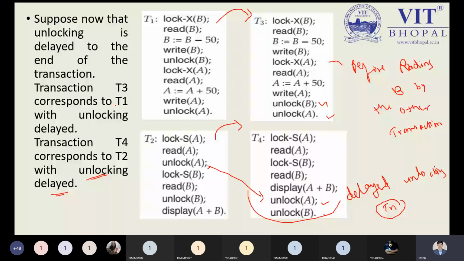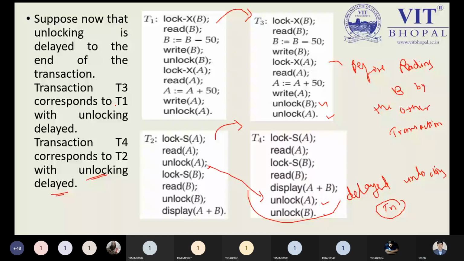There will be no issue. But before using such a data item by the other transaction, I'm repeating once again, by the other transaction, if you want to use the same data item, then it is required to unlock. This is my point, and that is known as the delay. So you can see, after performing all the operations of B, I'm unlocking over here.